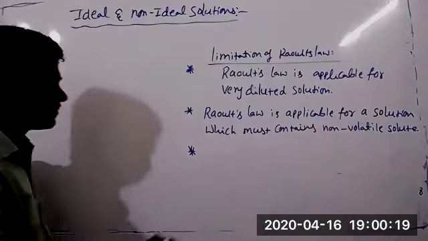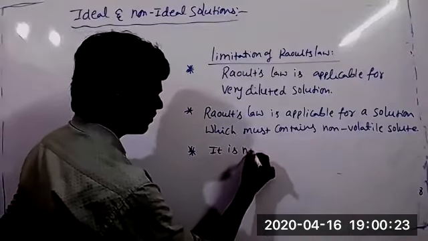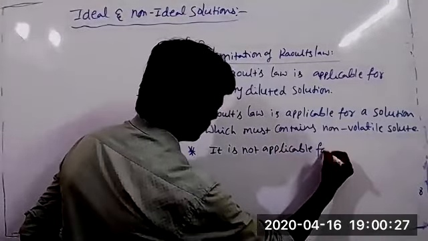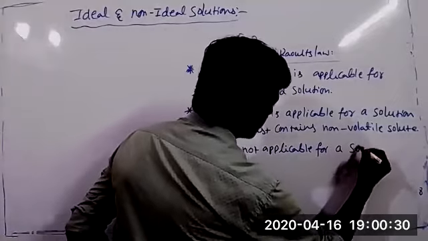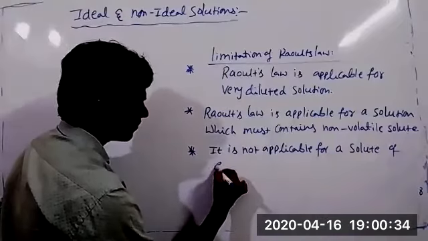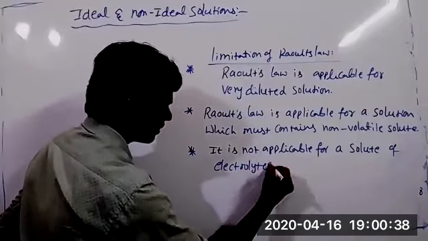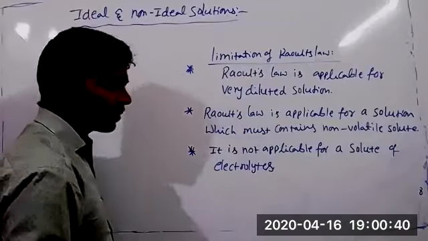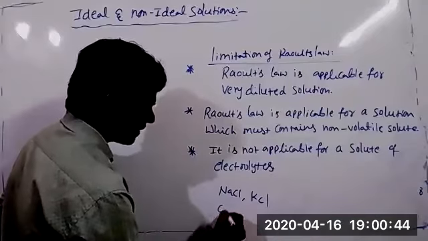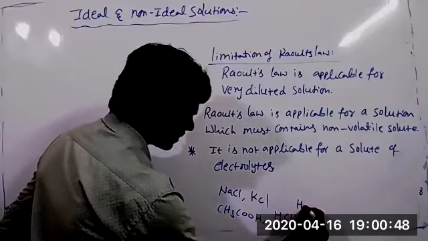And the next one, it is not applicable for a solute that is an electrolyte. So Raoult's law is not applicable for electrolytes like NaCl, KCl, CH3COOH, HCl, H2SO4.